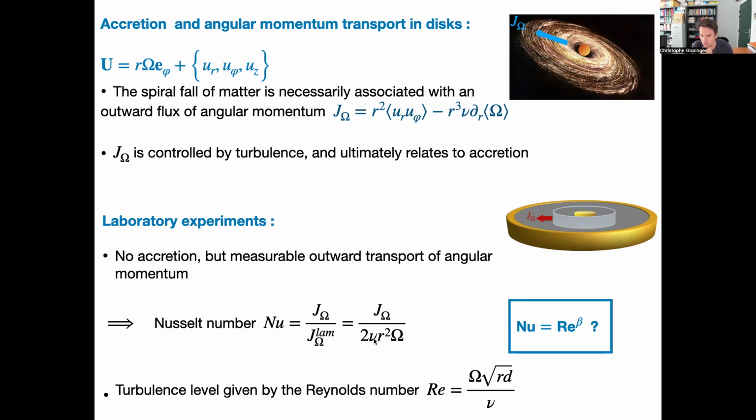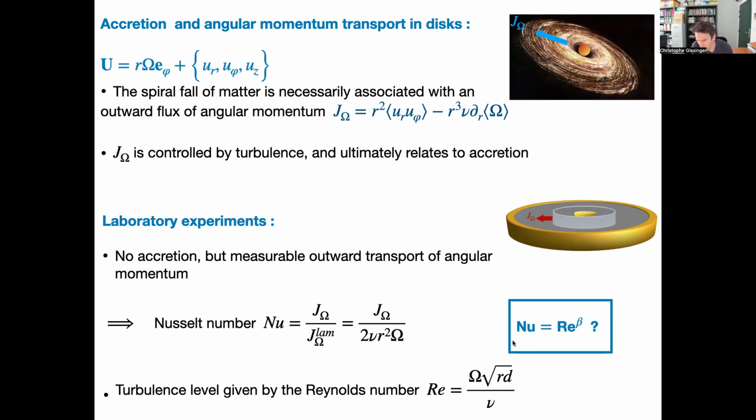It involves the viscosity. So basically the Nusselt number is 1 when our flow is laminar. And as we increase the level of turbulence, the Nusselt number will become larger and larger than 1. So it's a measure of the efficiency of the turbulence to transport angular momentum in the experiments.